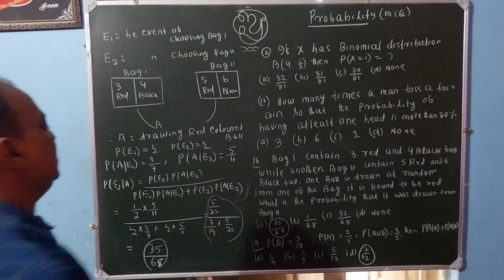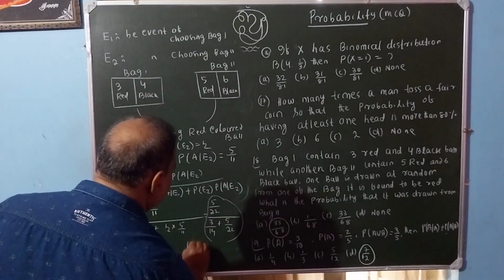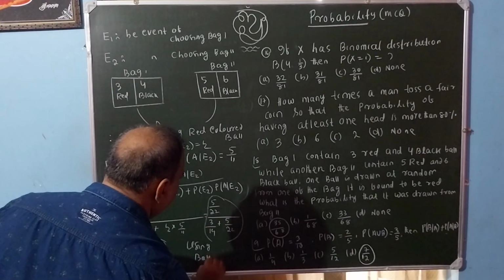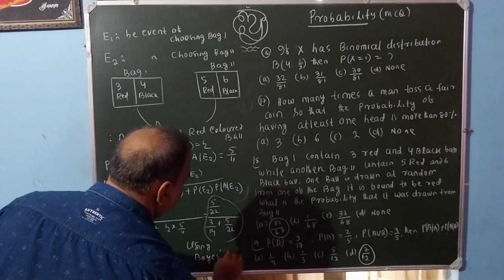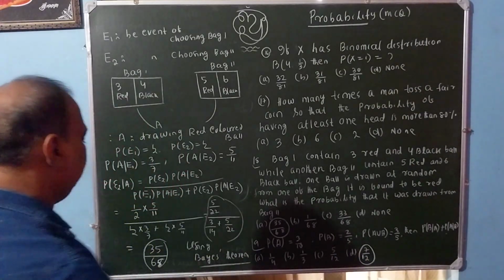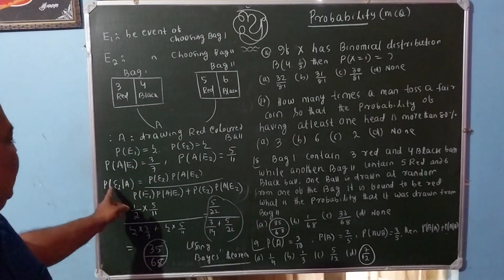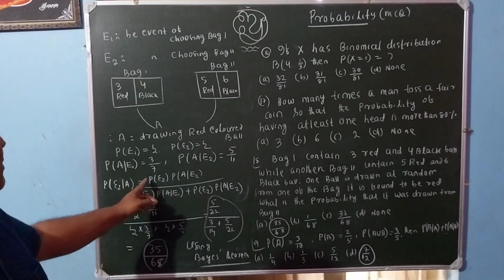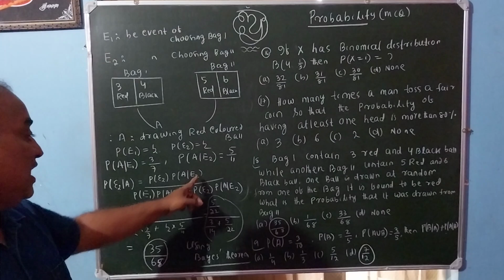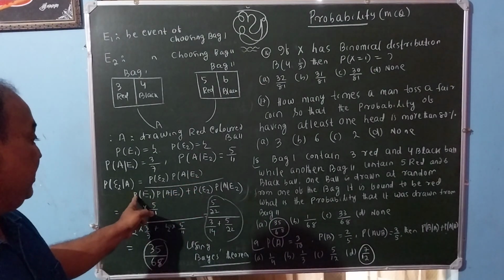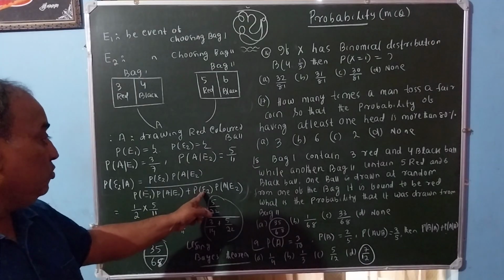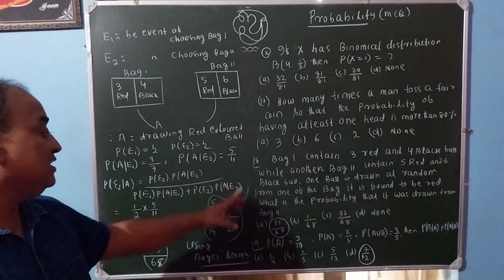By using Bayes theorem, a very important theorem, Bayes theorem. Probability of E2 conditional A is probability of E2 into probability of A conditional E2 divided by probability of E1 into probability of A conditional E1 plus probability of E2 into probability of A conditional E2.